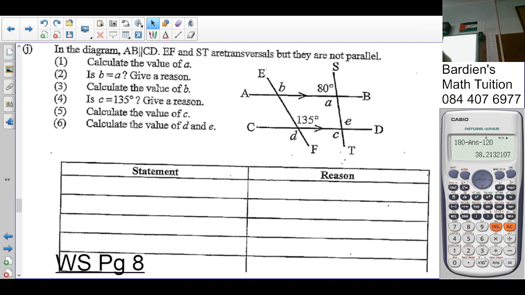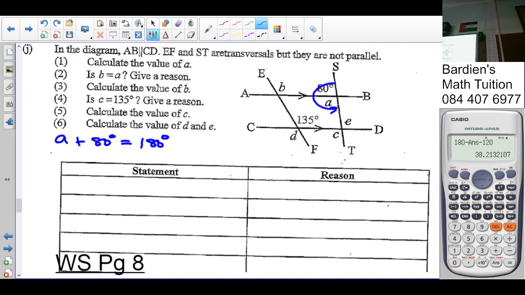Question 1. Calculate A. How are you going to calculate angle A? Angles on a straight line. Not so? So how do I calculate A? I say A plus 80 degrees equals 180 degrees. Why? Straight line.